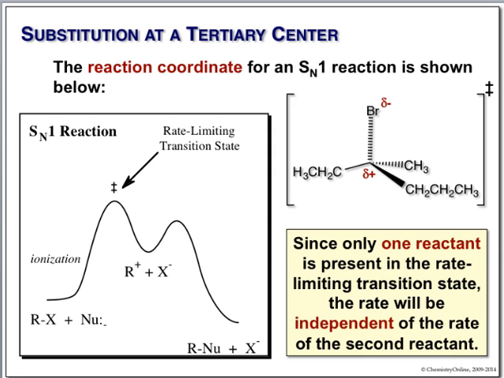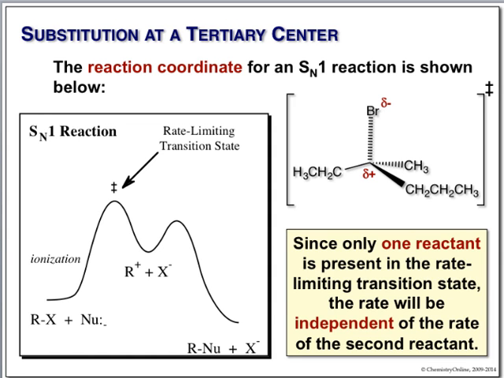Then we form the carbocation itself. The fast step, remember the distance here is proportional to the rate. So the fast step is now addition of this to this, that's this guy, and boom, you have products. The only thing in the rate-limiting transition state is the electrophilic carbon.